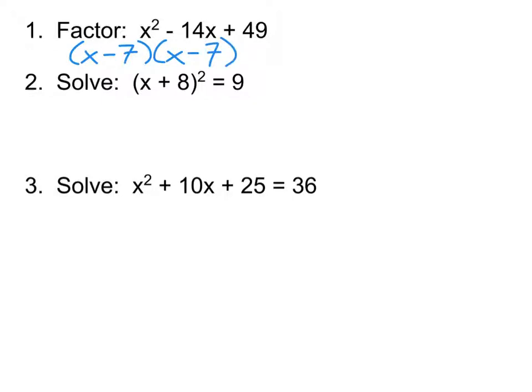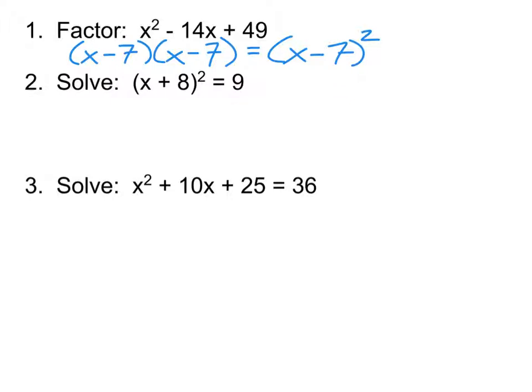But we need to go a little bit further, because writing it as x minus 7 times x minus 7 is good, but it's not very useful. It is much more useful if we write this as x minus 7 squared, because x minus 7 times itself can be written as it's squared. You're going to see how we can make use of that in just a moment.